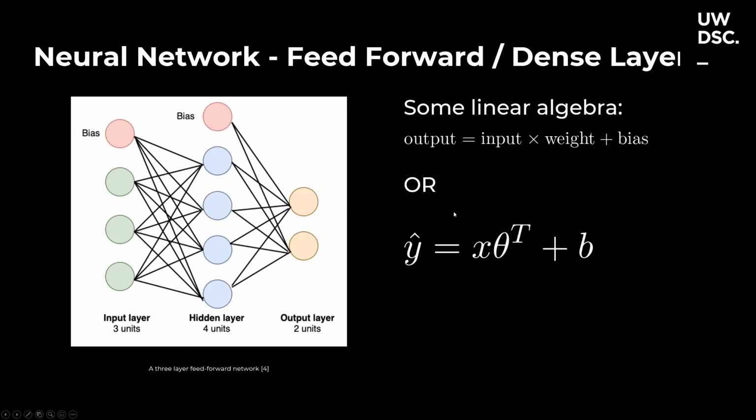So the output is simply the input times the weights, or the parameters theta, plus a bias unit neuron. In linear algebra, that is y hat equals x times theta, which is the weight transpose, plus b, the bias, and you'll have your output. And we do an activation on this.